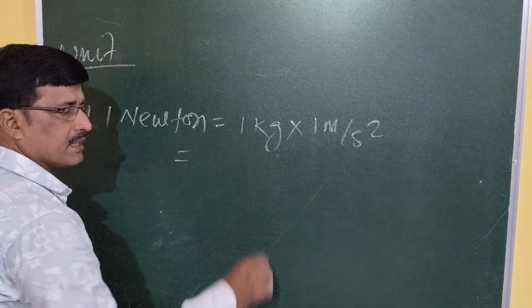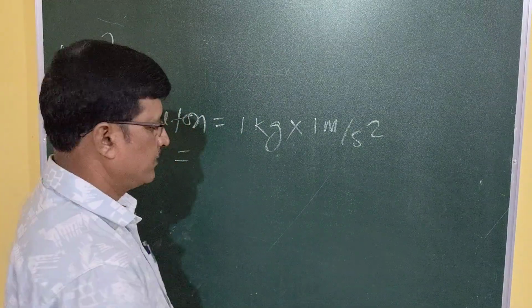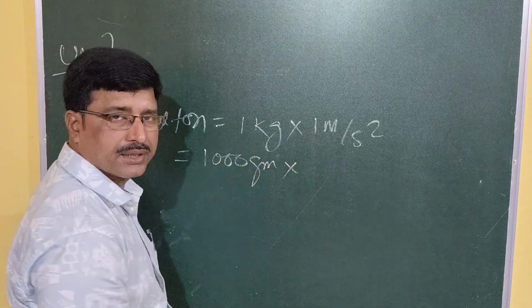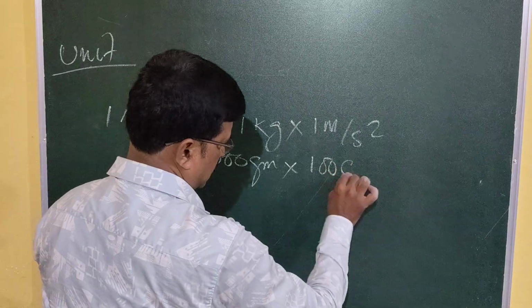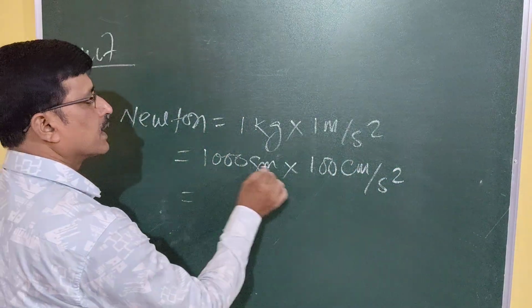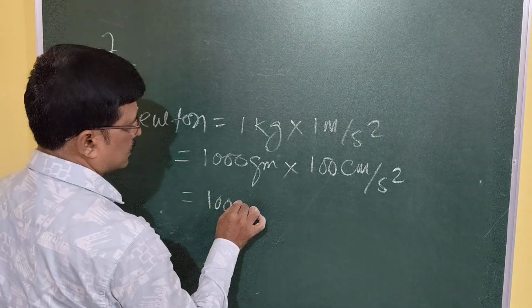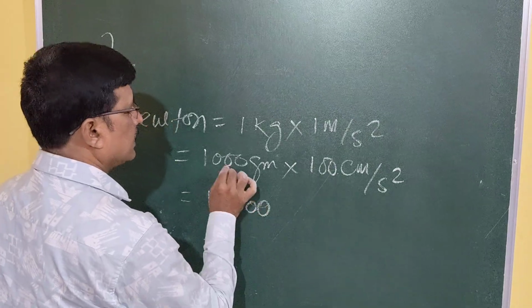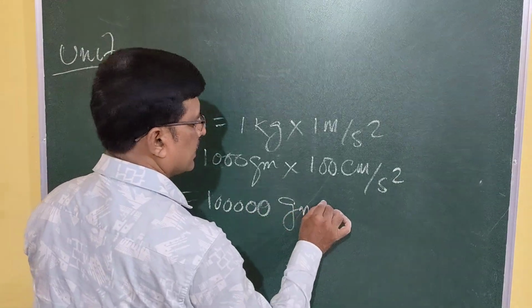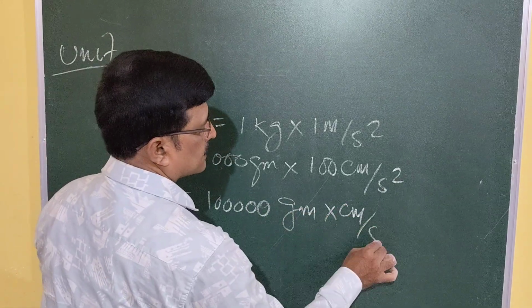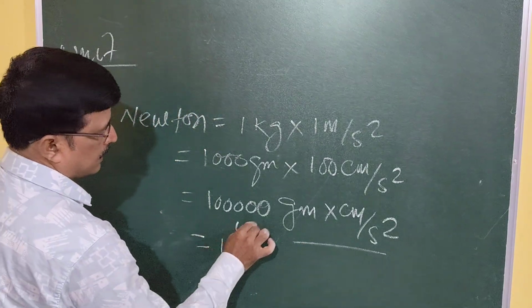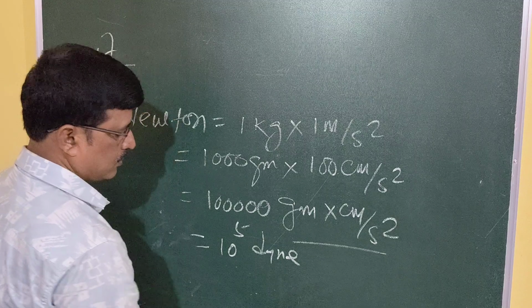1 kilogram is equal to how many grams? 1000 grams. 1 meter is equal to 100 centimeters per second square. So we get 10 to the power 5, with 5 zeros, gram into centimeter per second square, which is a dyne.